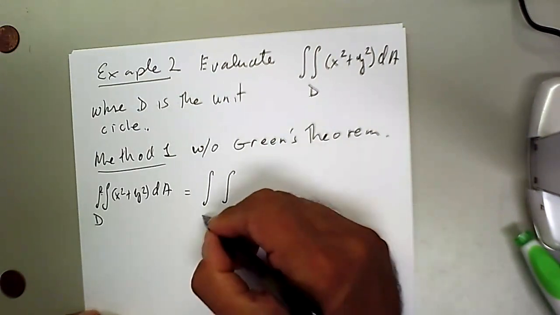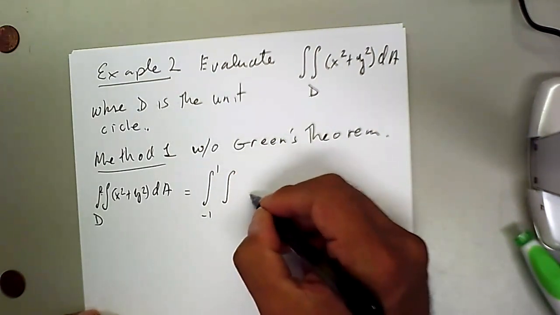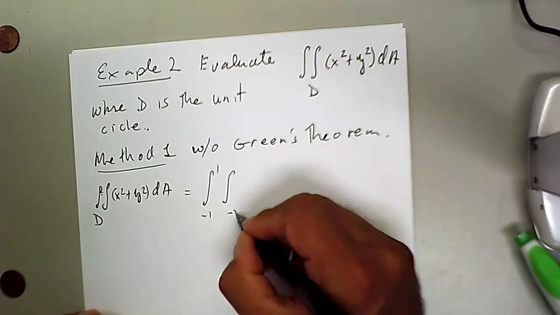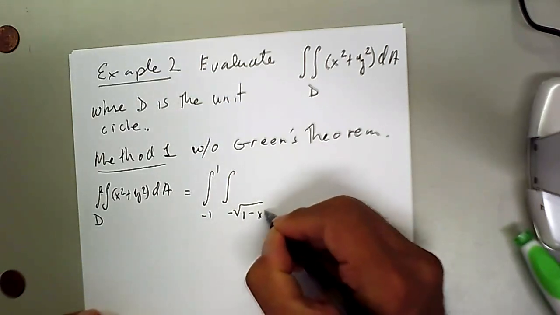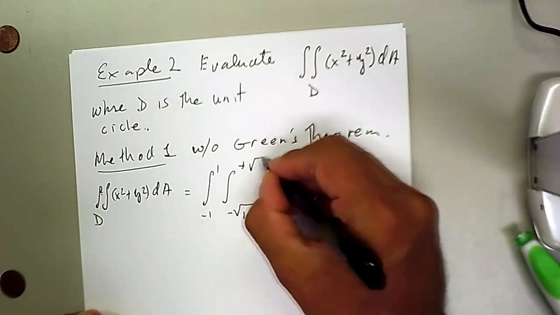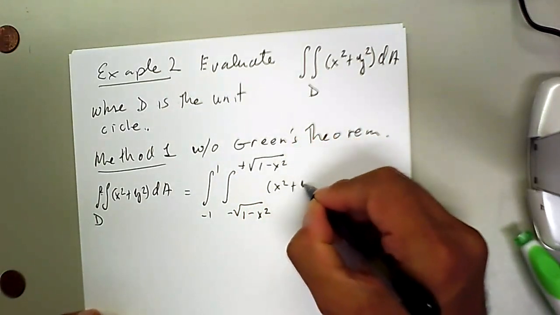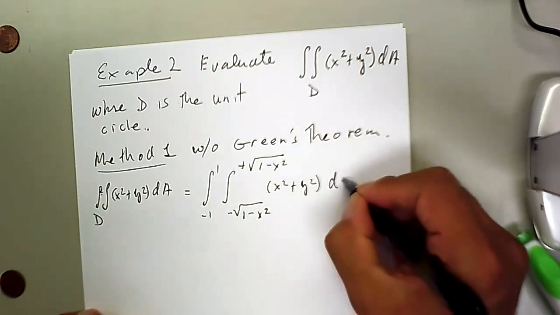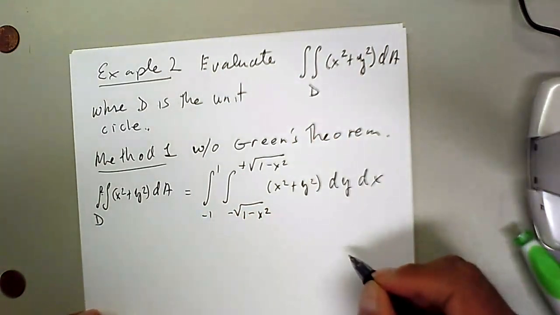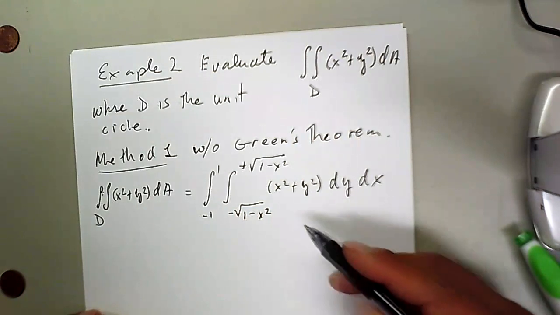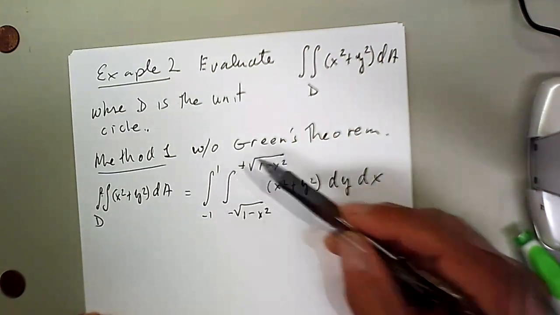The unit circle: x from -1 to 1. On the y axis, we're going to go from negative square root of 1 minus x squared to positive square root of 1 minus x squared. And then we're going to have x squared plus y squared dy dx. Okay, so that is the initial setup.